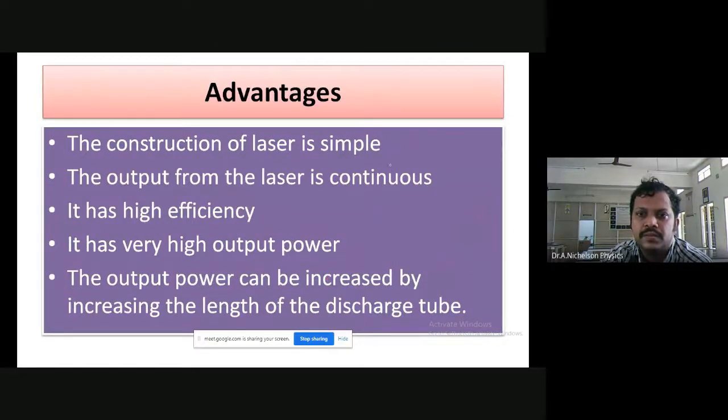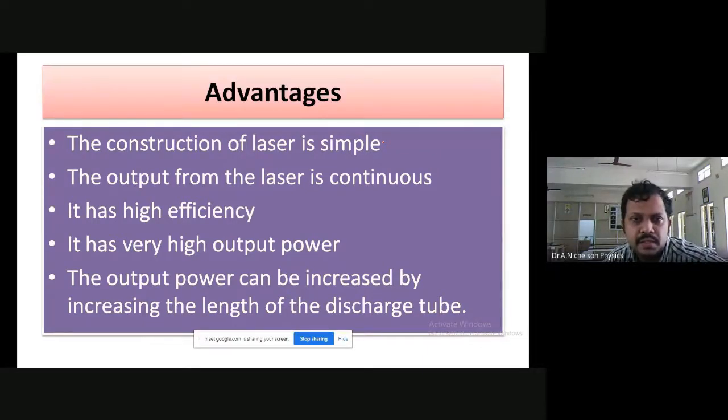Okay. So what are the advantages of this? It is very simple to construct. It is very compact in size, 5 centimeter long and 2.5 centimeter in diameter. You can hold it within your hand. But we have to provide some special environment for that, vacuum conditions, etc. So inside the laboratory, we can use this kind of laser, or in a closed environment.